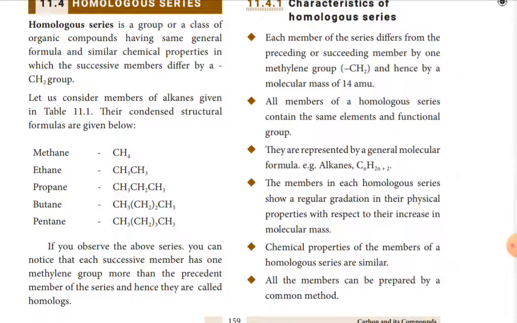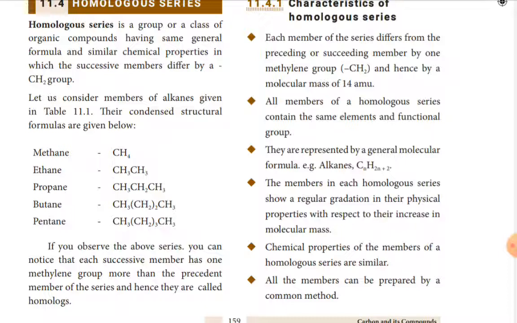Very important. There is also a question given in the textbook evaluation. In the textbook evaluation, the first long answer: what is called homologous series? Give the characteristic properties of homologous series. Important question.